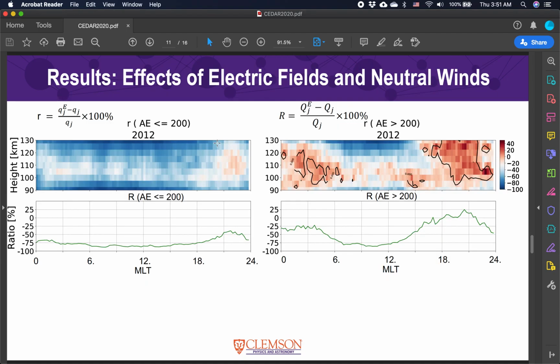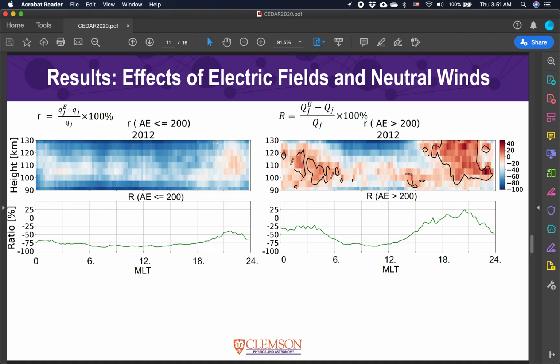Then let's see the effects of electric field and neutral winds. Here we defined two terms, one for the height-resolved terms and one for the integrated terms. The ratio R equals the difference between local Joule heating and total Joule heating, divided by total Joule heating.